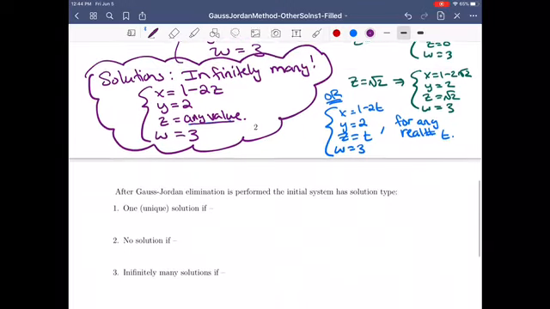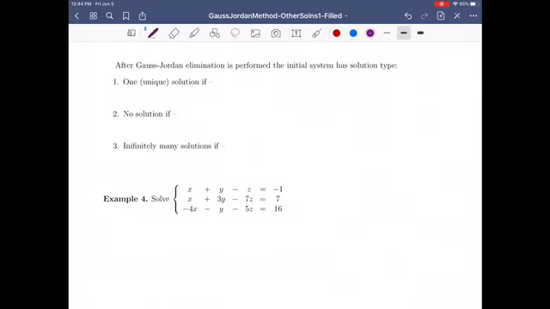So let's just recap here. If you perform Gauss-Jordan elimination, you get one unique solution if you reduce to diagonal form. So you could have extra rows of zeros or something, but basically you have a 1 on the diagonal for every column.